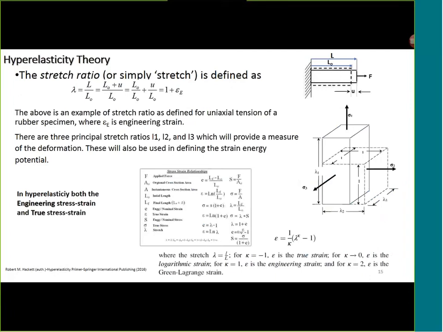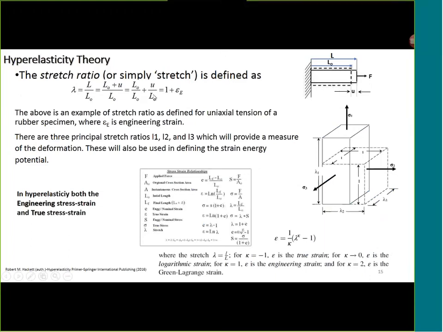Mostly when we deal with metals, the deformation is discussed in terms of the strain. But when we are dealing with hyperelastic materials, rather than using the strain, it is quite common to use something called a stretch ratio, which is nothing but the ratio of deformed length over the original length.